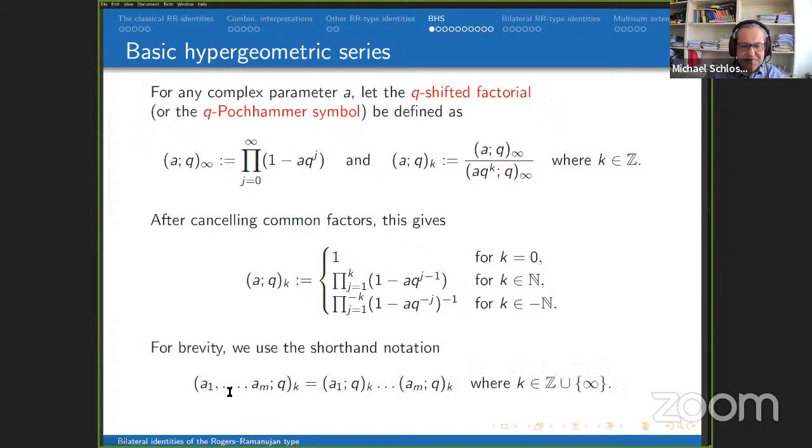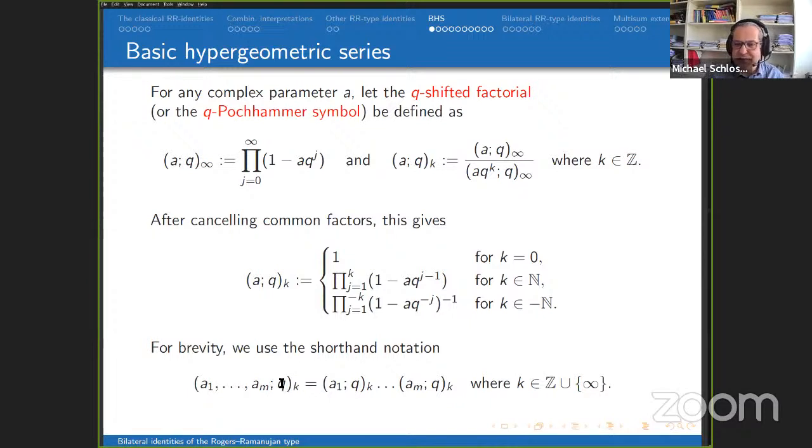We will often have many of these q-shifted factorials. So k is either an integer or it's infinity on the top here. And if we have a product of n factors, we just write them as one big q-shifted factorial here, (a1, ..., an; q)_k.